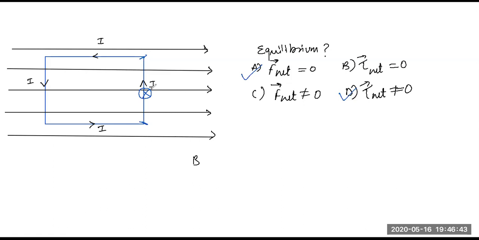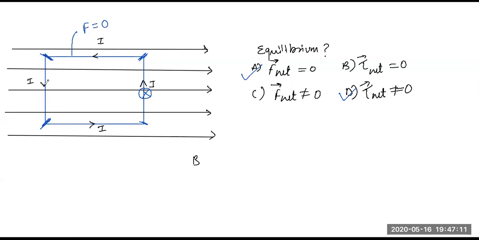Similarly, if I ask you for this segment, magnetic field and current are anti-parallel, yes or no? Yes, sir. So what will be the force if they are parallel or anti-parallel? 0, because theta is 0 or 180, right? Now talk about this segment.